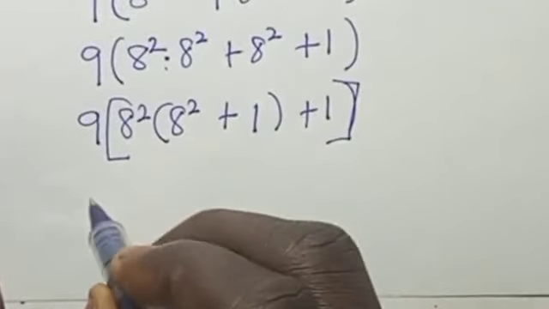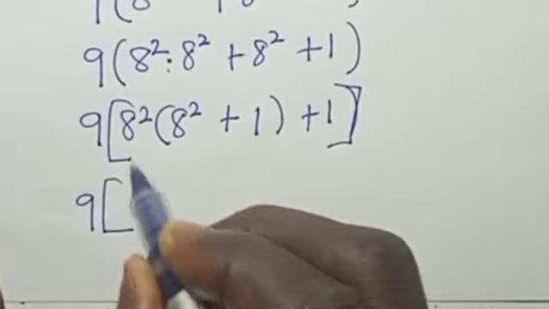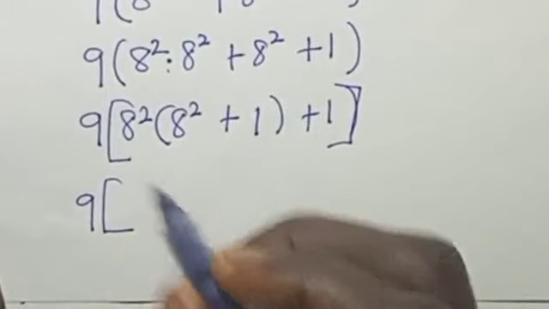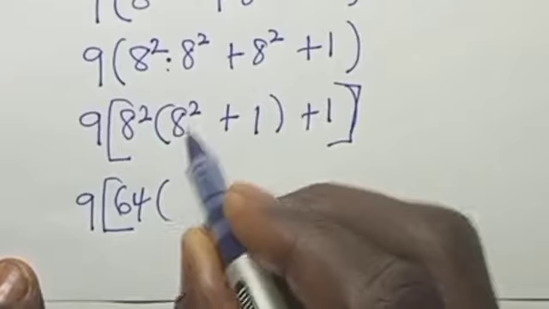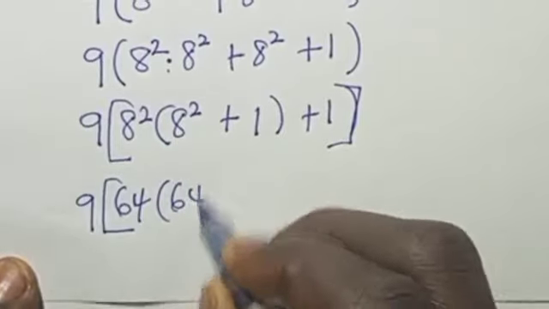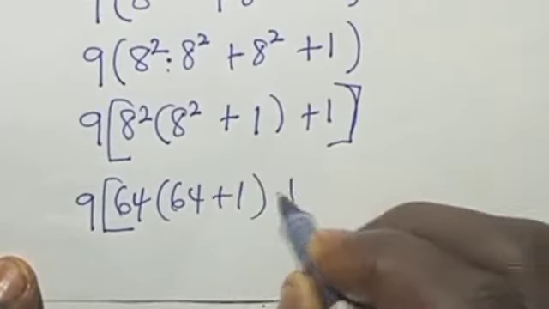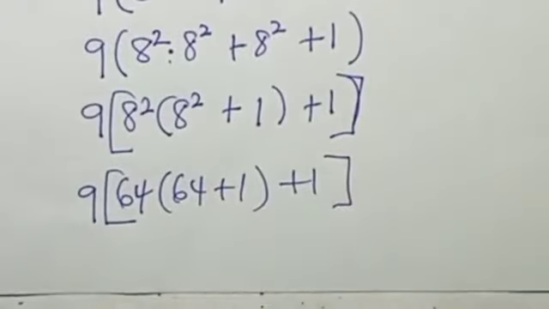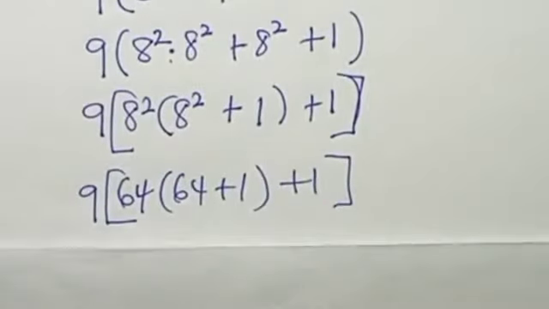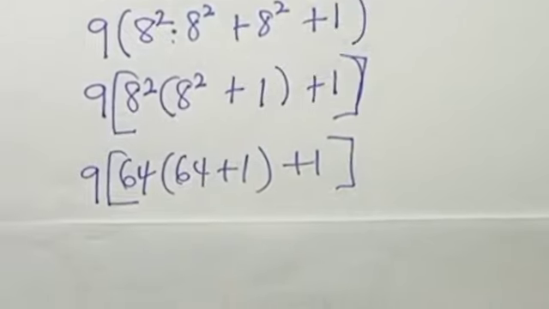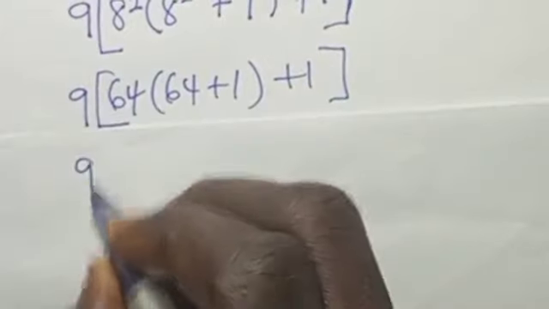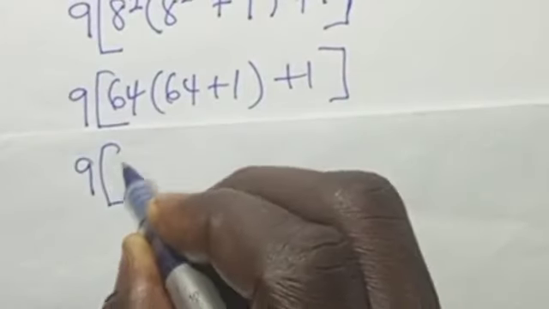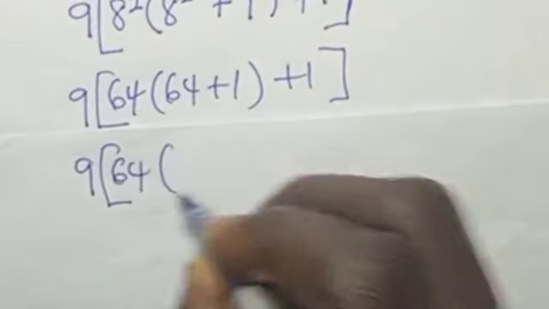So when we have 9 here, 8 raised to power 2, that's 64, into 8 raised to power 2, 64, plus 1 plus 1. And if we simplify further, we have 9 times 64.